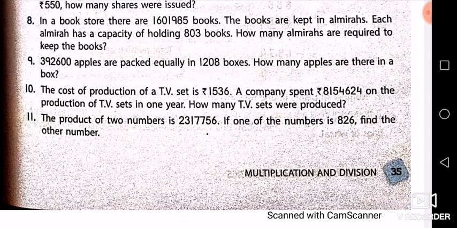So their product will be 23,17,756. So I hope the question is clear to you. The product of two numbers is given, one number is given to you, and you have to find the other number. So the other number you will find by division. So let's do this question.